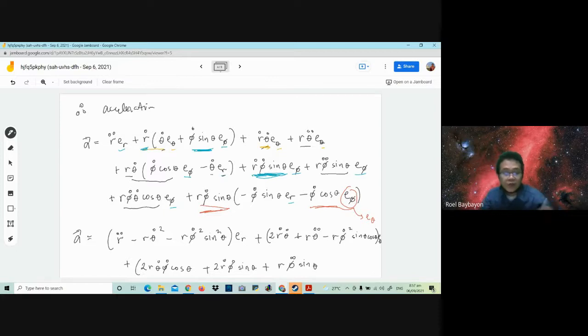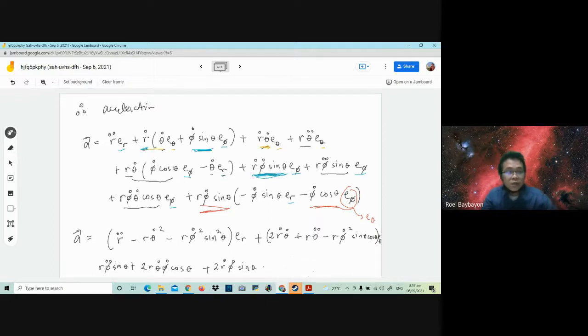I will rearrange. I will put this first, then r dot, r phi double dot sine of theta plus, and I will put the last one at the end.